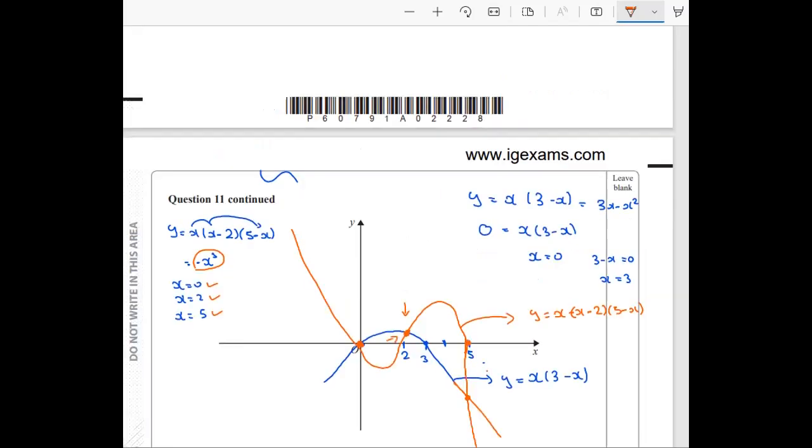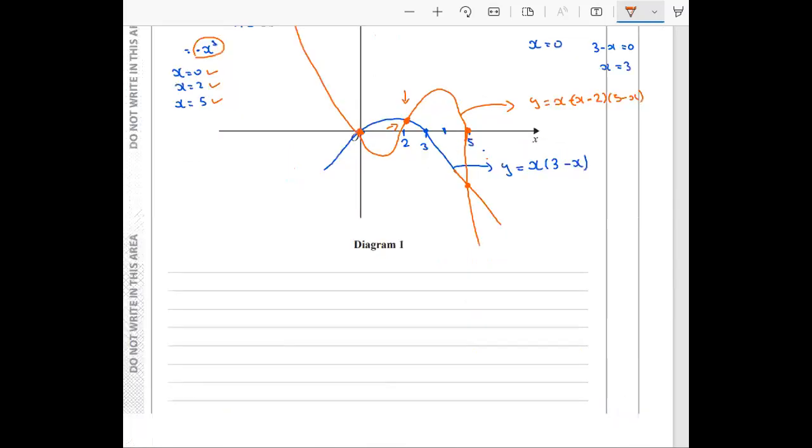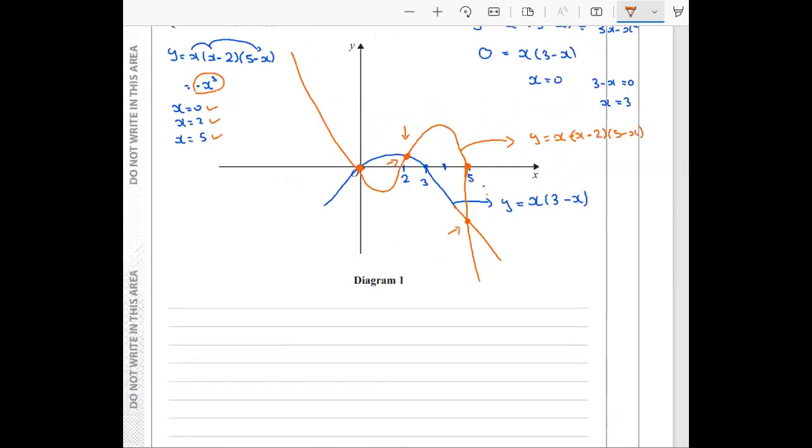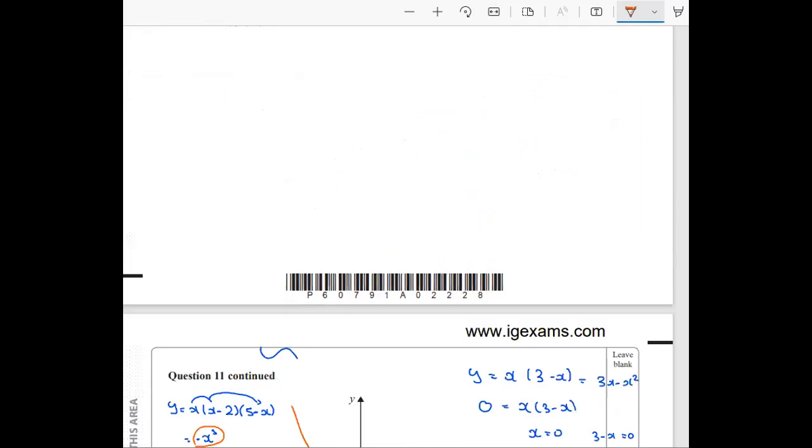So x equals 4 plus under root 3 is the x coordinate of this point, right? So if it is not x equals 0, if it is not x equals 4 plus under root 3, it would be x equals 4 minus under root 3, because that is the x coordinate of this point.